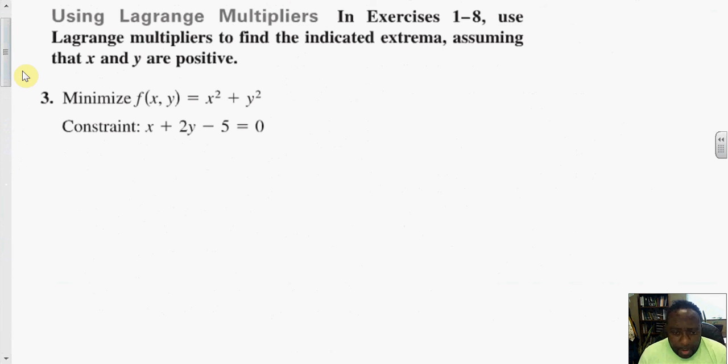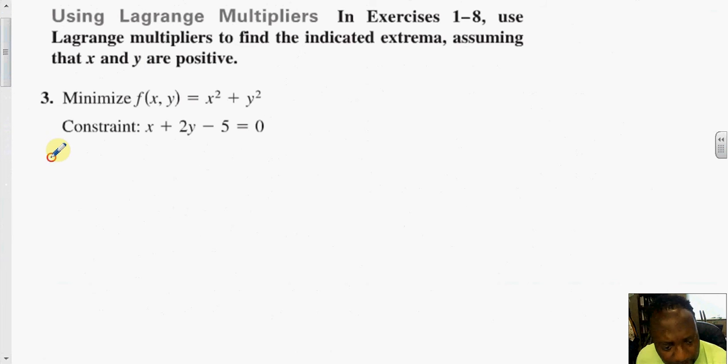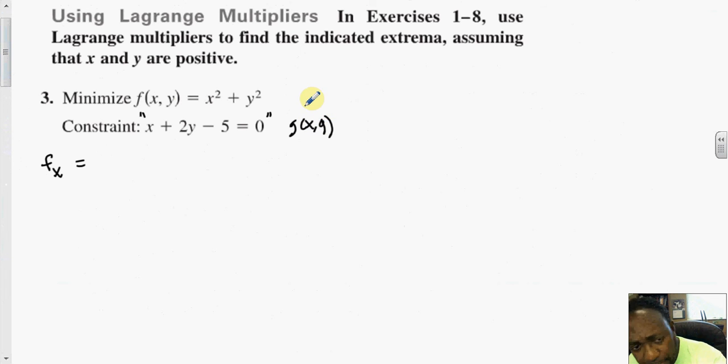So here, use the Lagrange multipliers to find the indicated extrema, assuming that x and y are positive. Like I said, we would find the partials of f and g. Here, this equation represents the g of x, y equal to c.